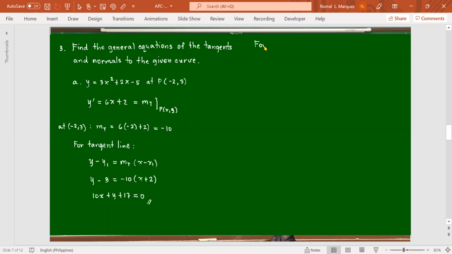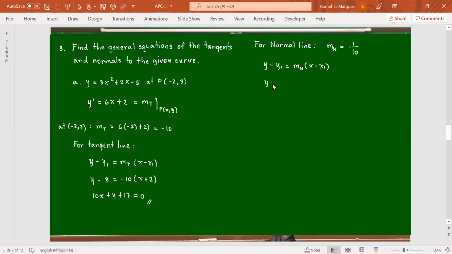What about for normal line? Guys, for normal line, what's the slope of the normal? Negative reciprocal of the slope of the tangent. So that is 1 over 10. What is the equation? Y minus y sub 1 equals m of the normal line times x minus x sub 1.